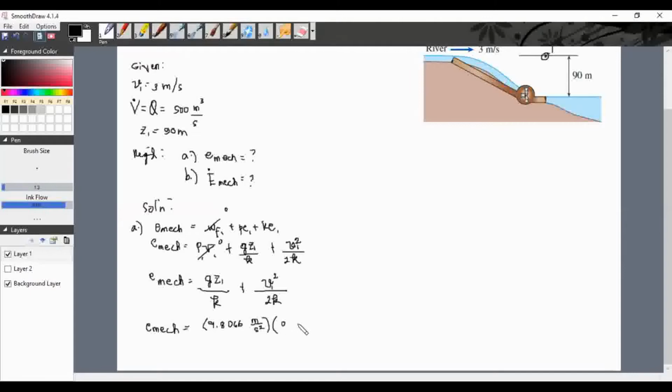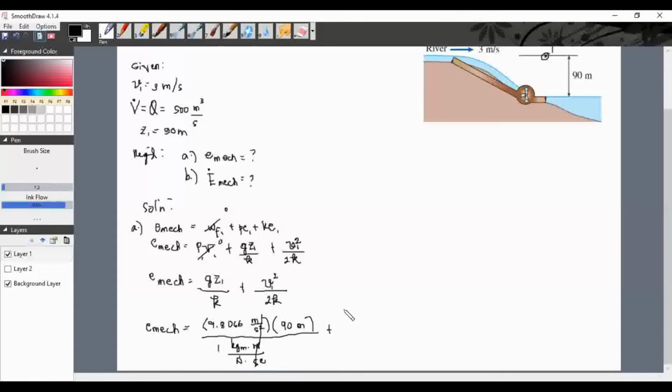Our Z1 is 90 meters all over proportionality constant. So proportionality constant ko is yung 1 kilogram mass meter per Newton second squared. So cancel na to. Cancel na to. Matitira ay Newton meter per kilogram mass plus V squared.